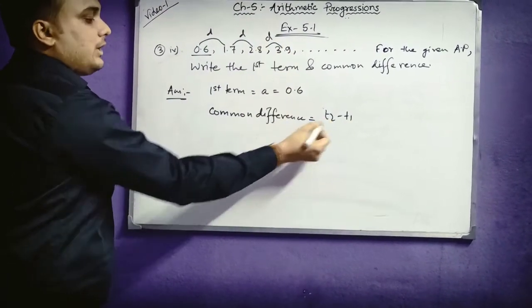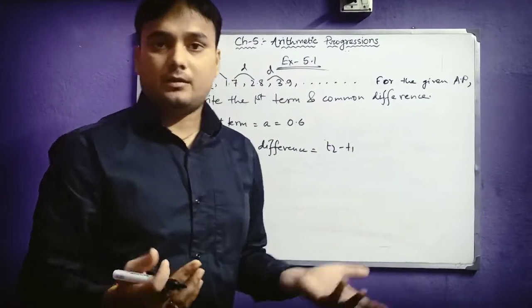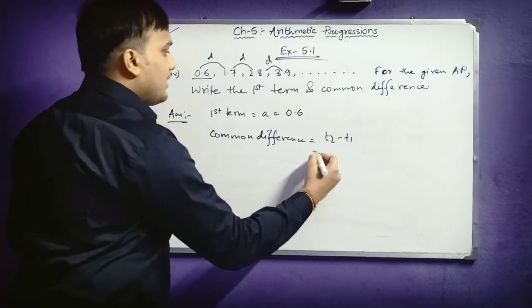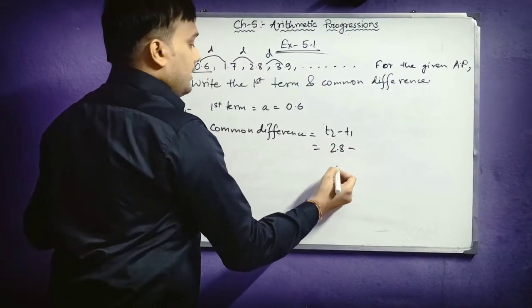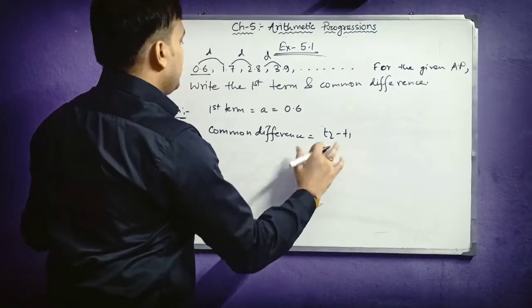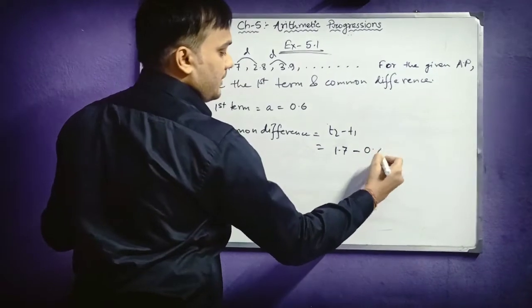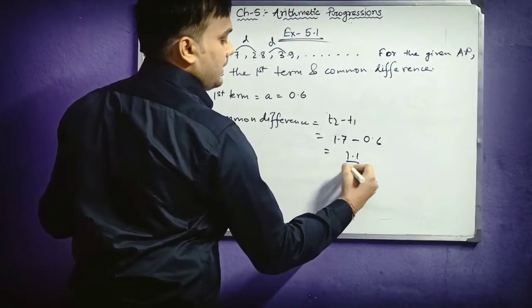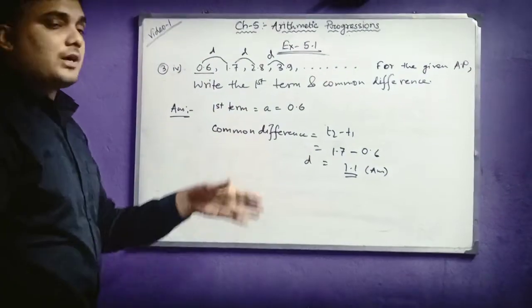So you can do T2 minus T1, T3 minus T2, T4 minus T3, anything, you will get the same answer. If I do T2 minus T1, the second term 1.7, minus 0.6 the first term, it is equal to 1.1. And so 1.1 is the common difference, which is D. Okay, so these two are the answers here.